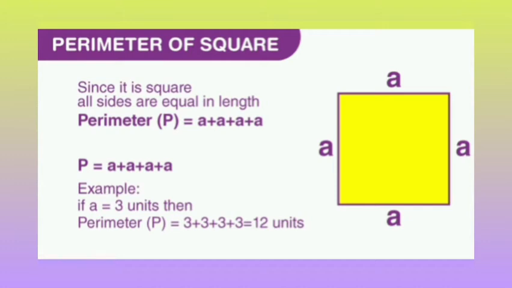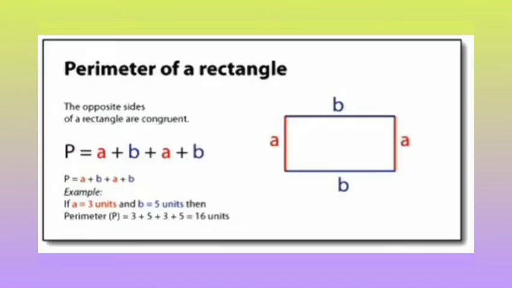Now we will see the next one, perimeter of a rectangle. What is meant by a rectangle, student? Yes, the opposite sides of a rectangle are congruent. So how to find out the perimeter of a rectangle? Capital P is equal to, here in this case, opposite sides we are considering as A and B respectively.